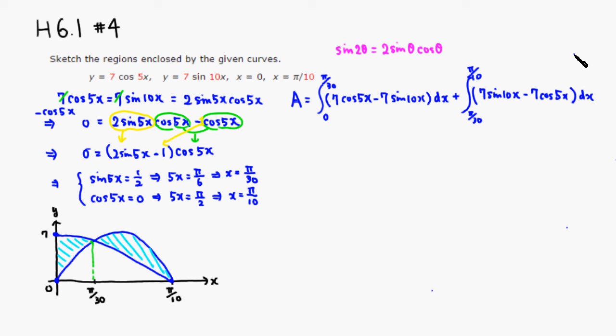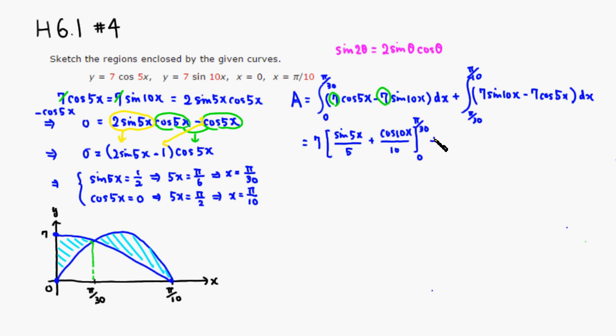dx. So 7 is in common, so I'll pull it out and put 7 in front. The antiderivative of cosine of 5x is sine of 5x divided by 5. The antiderivative of negative sine of 10x would be positive cosine of 10x over 10. And it's going from 0 to pi over 30.